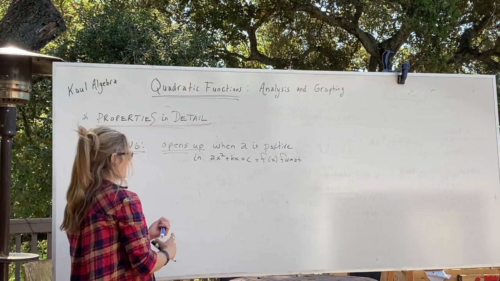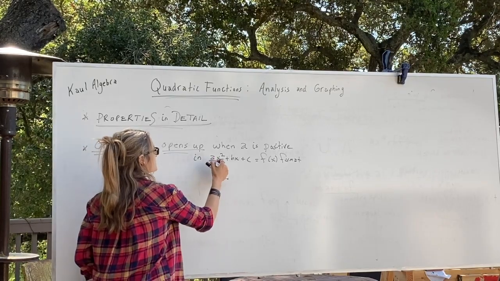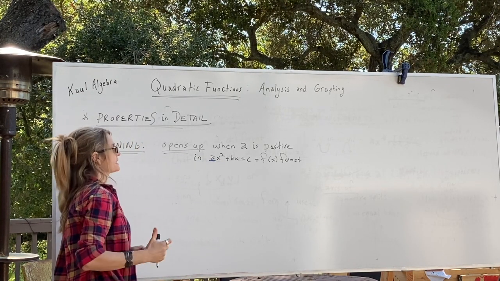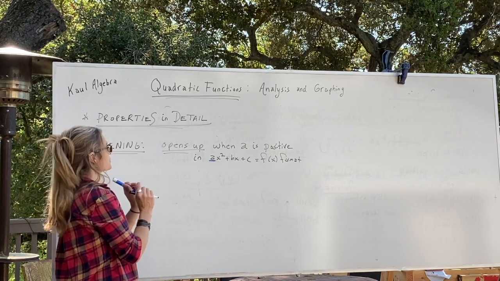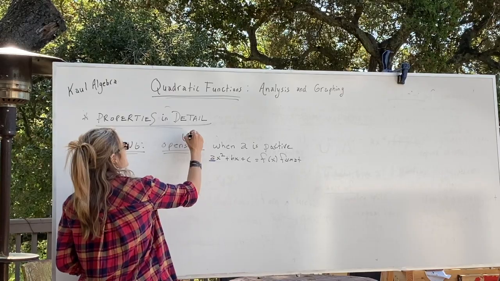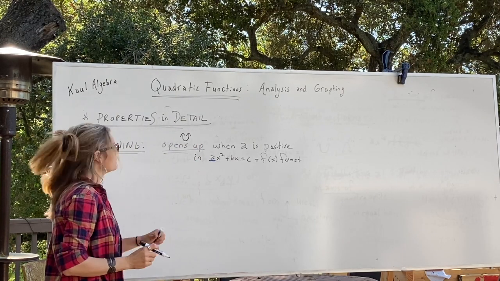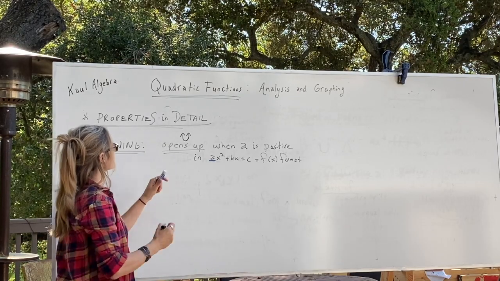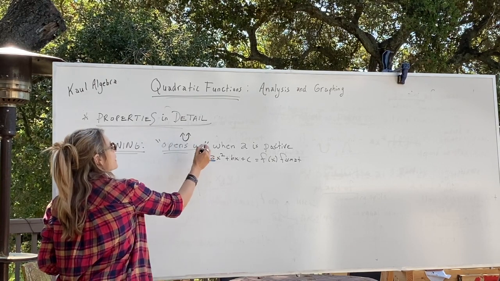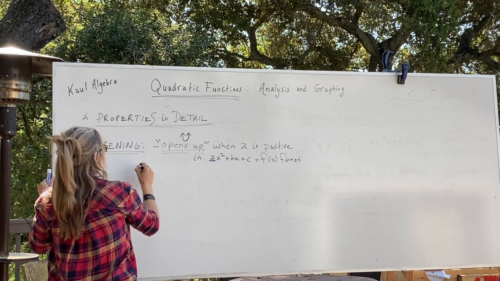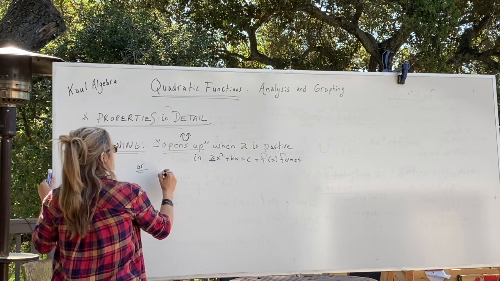As long as this a value in front of the x squared is positive when it's in your standard form, you'll always know that your parabola opens up. I always tell students they could just draw a little U shape to indicate it's opening up. So this is what we mean by opening upwards. Now our other option is that it opens down.